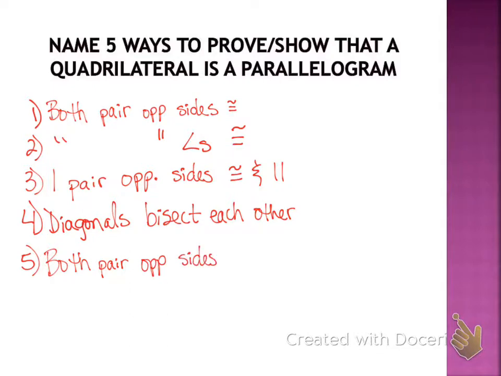Taylor? Parallel goes back to the definition. That's another way to show it. So both pairs of opposite sides are parallel would be that 5th way. You need to know these 5 ways. Essential. So if you need to copy them down into your notes, I would do that.